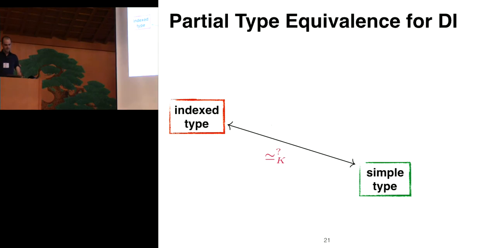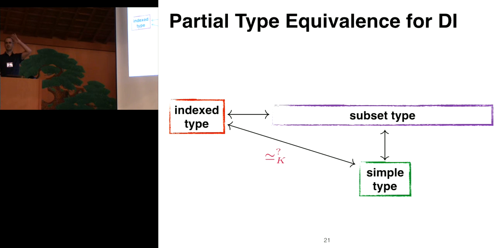All right, so this is the general notion, and this has nothing to do per se yet with dependent interoperability. The idea is how can we use this notion of partial type equivalences for the specific case of dependent interoperability. In that case, we are interested in relating index types to simple types, and the idea is that we do that through subset types.